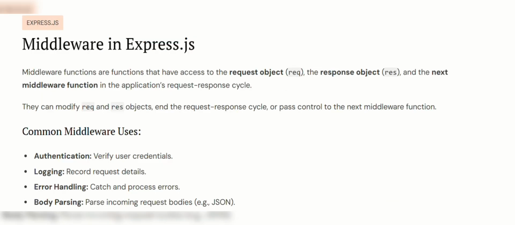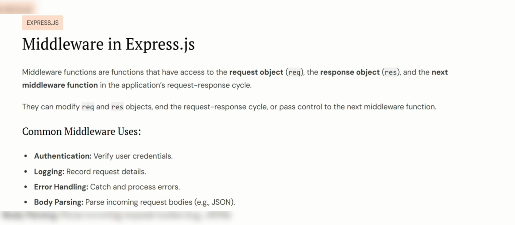Now let's talk about middleware in Express.js. Express.js middleware is a function that runs between the request and response. It has access to the request, response, and the next function. Its uses are logging, validation, error handling, and authentication too.